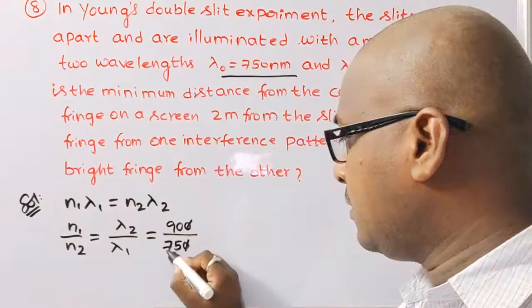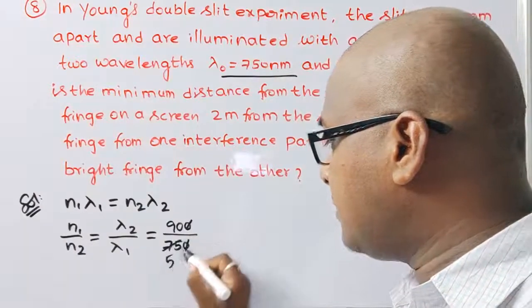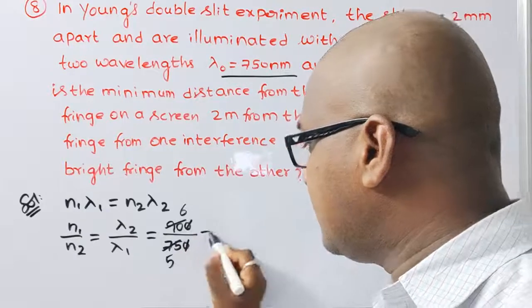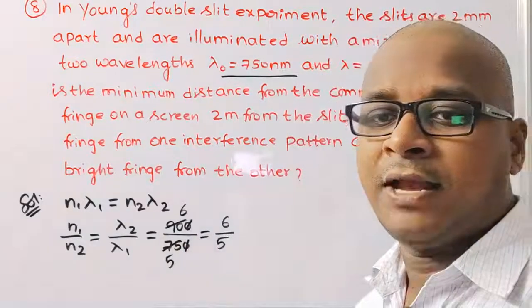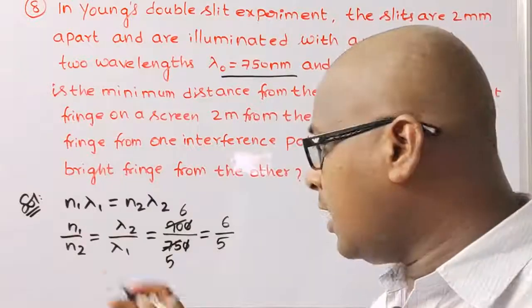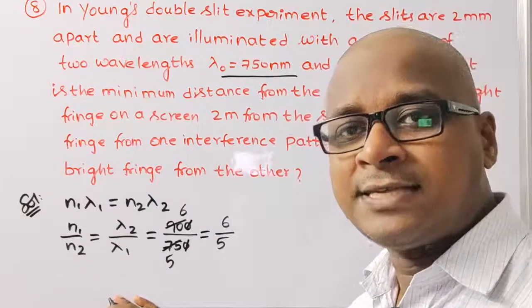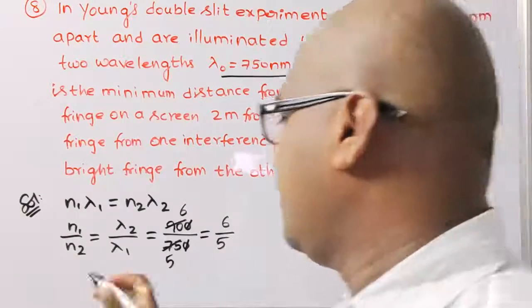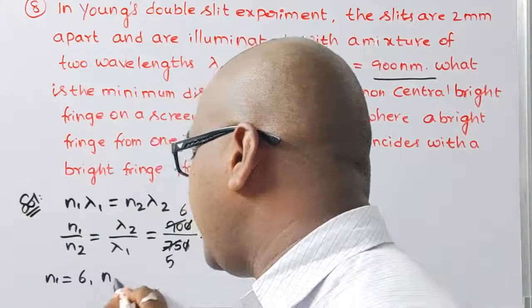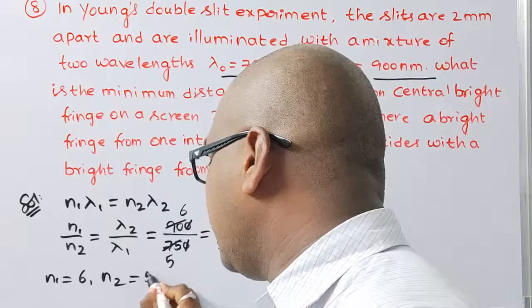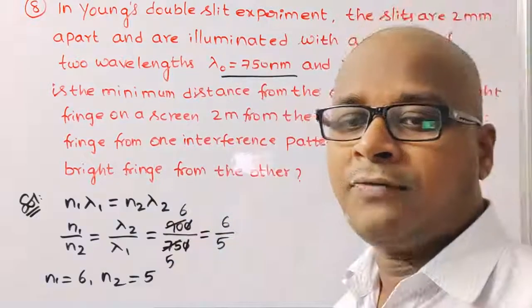Next, 15 by 5 and 15 by 6, that is equal to 6 by 5. So the minimum n1 and n2 are 6 and 5 respectively. n1 is equal to 6 and n2 is equal to 5.